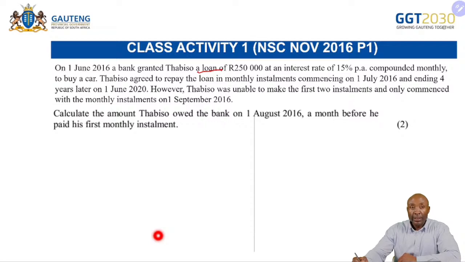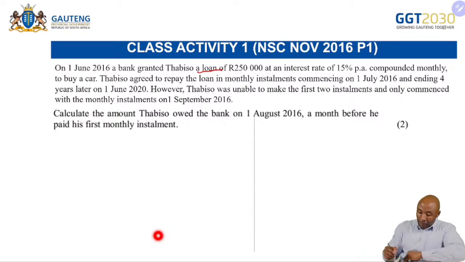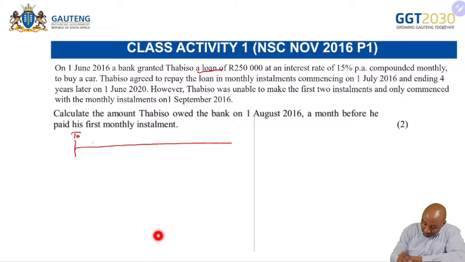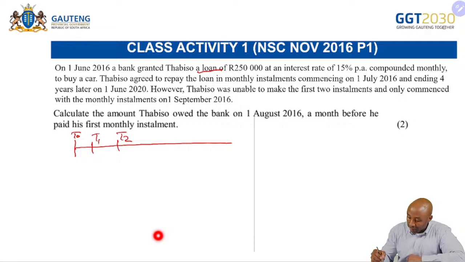So this one, it's a straightforward one. We are able to see that the loan is granted and the first installment has to commence on the 1st of July, but it's not made. So T0, T1, T2. We are told that the first installment is commencing on the 1st of July and ending 4 years later. However, he's not able to make the first 2 installments.